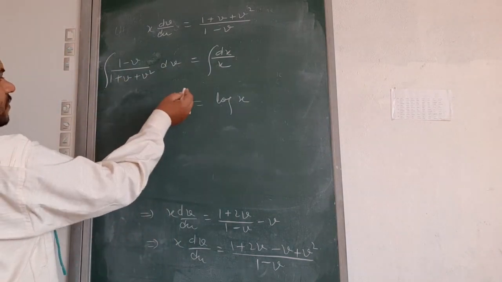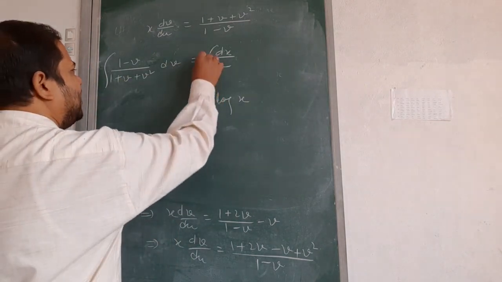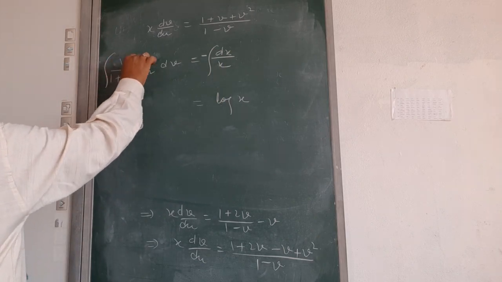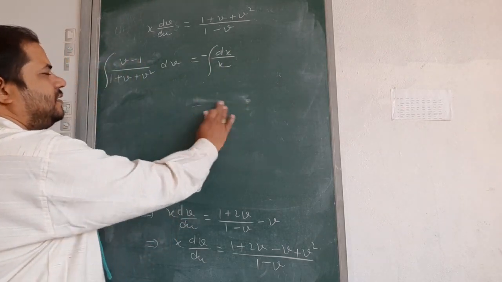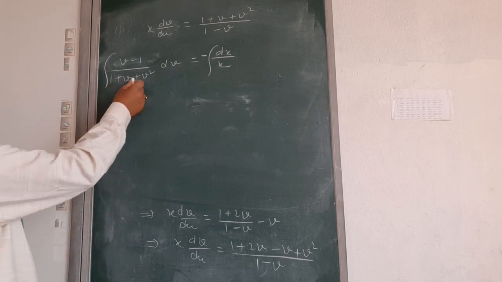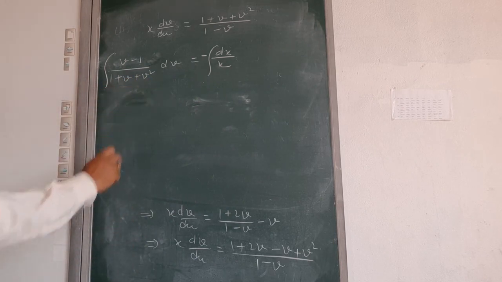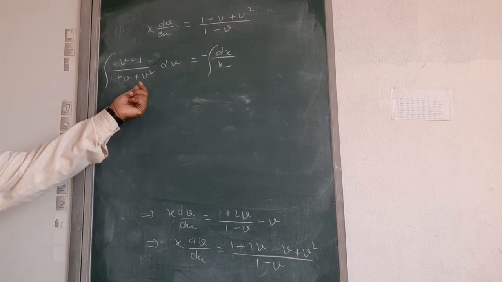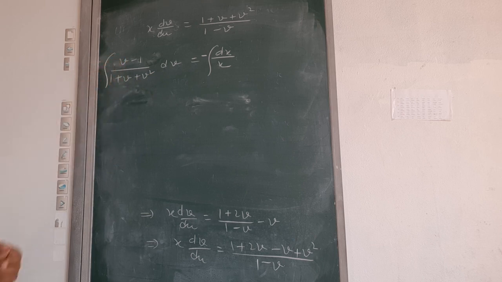If we write minus dx, then this becomes v minus 1. And now if you put this one as a t, then 2v plus 1, so we make this as 2v plus 1.